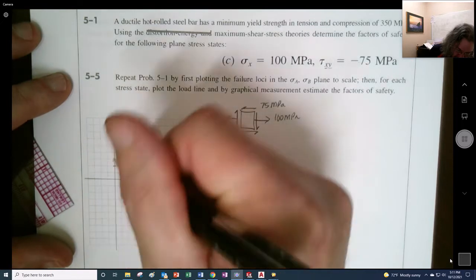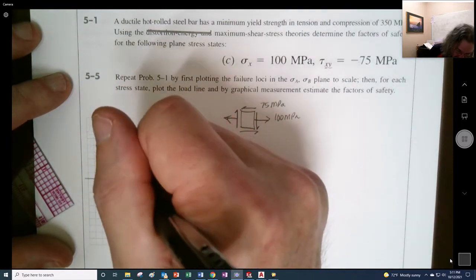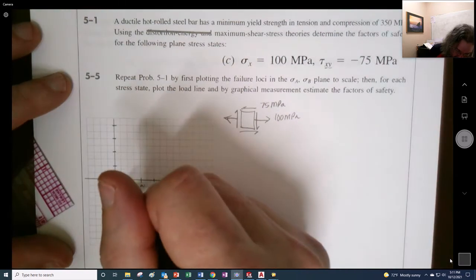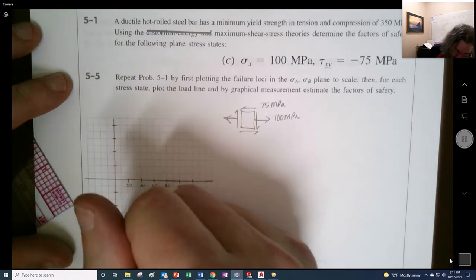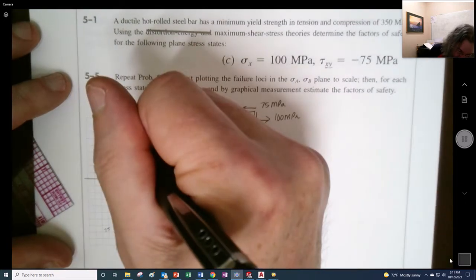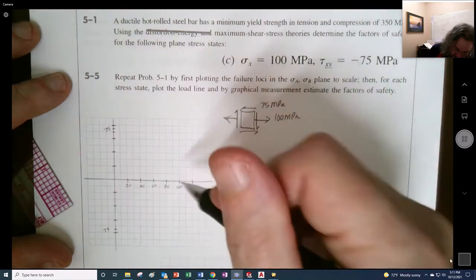So right here is 75, and right here is 70.